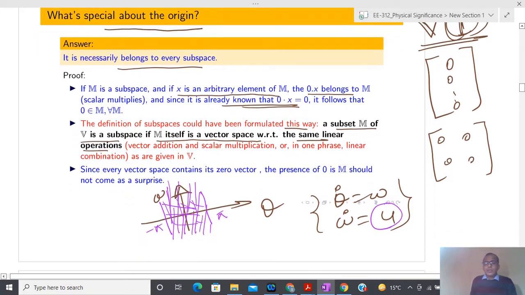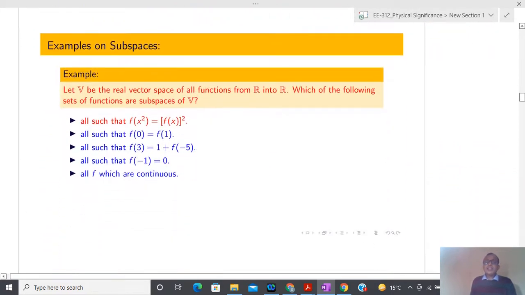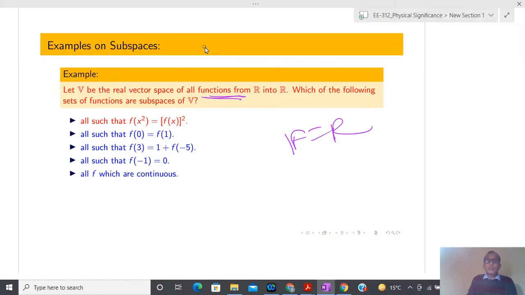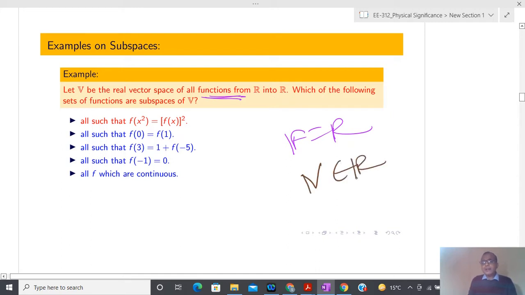Now let us see a numerical example of a subspace, and after that I will come to the physical example. I have generated a vector space with the help of functions. Inside this space, each element is nothing but a function, and the field is nothing but the real numbers.